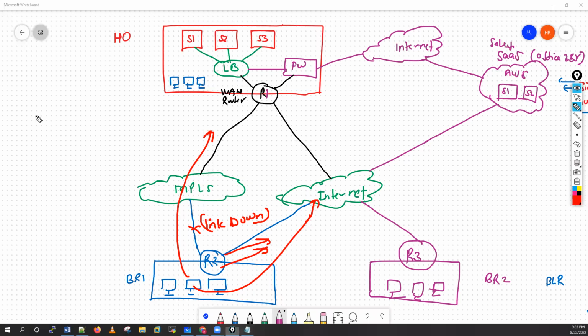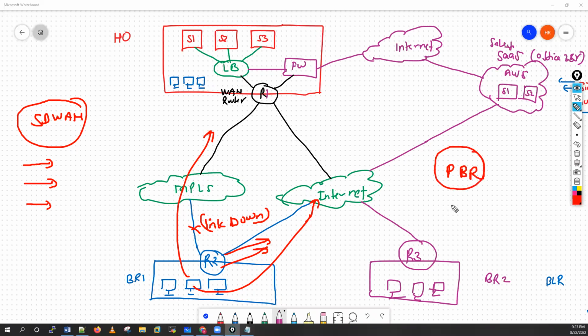But guys, with the help of SD-WAN, you can shift the traffic by monitoring the latency, jitter, delay, and packet loss on the link. In the old way, if you want to send the traffic, you configure policy based routing, guys, where you can only include the source prefix and destination prefix, right?